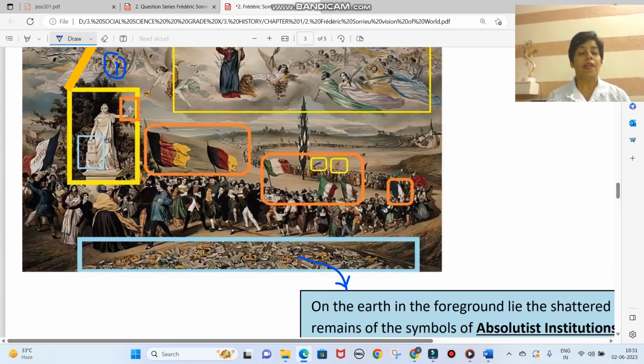So, these symbols lying on the foreground, that means in the front on the ground, are actually representing that people are fighting the monarch, and they all are moving ahead towards the Statue of Liberty. They are passing through the Statue of Liberty, reflecting that, removing the monarchs and moving towards liberty, towards freedom, towards making their own constitution.